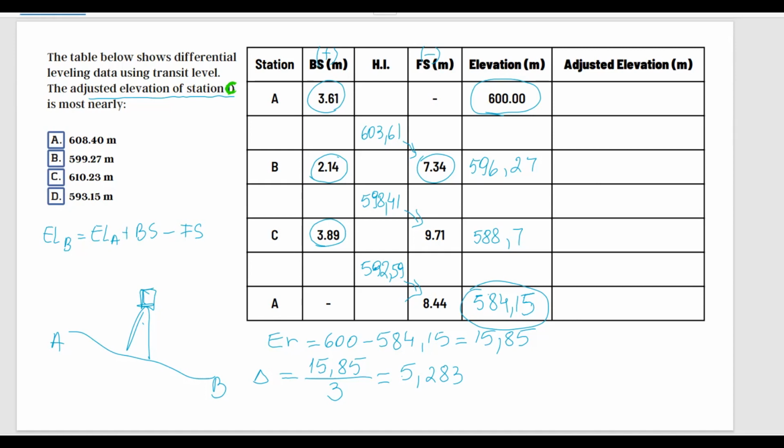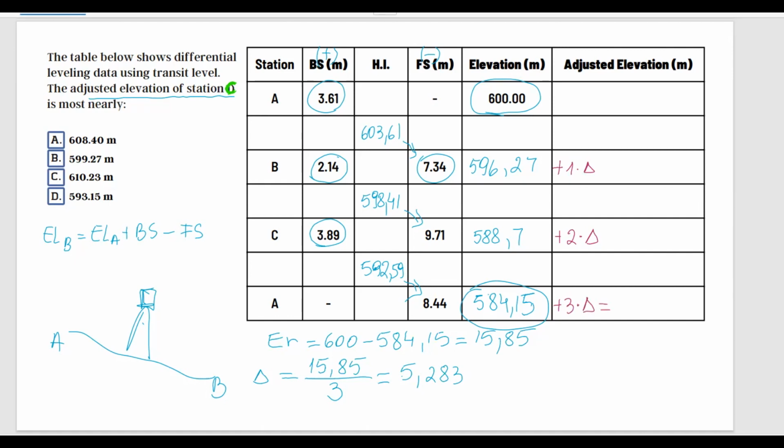And now in order to adjust all of these elevations, I'm going to come to the ones we have calculated, and I'm going to add to this elevation 1 time multiplied by delta. Station C gets plus 2 times multiplied by delta. And station A, in order to adjust it, we're going to multiply by 3 times delta.